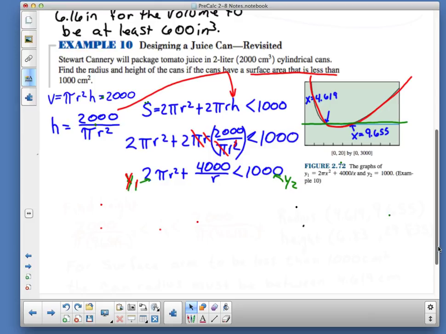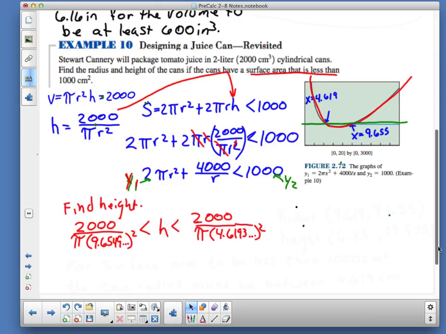Okay, now with that information, I've got to find the heights, and I'm just finding the heights based on my values that I got for 9.655 and 4.619. One of the things that was fun today, right after I did my calculator check, I had my function in there.